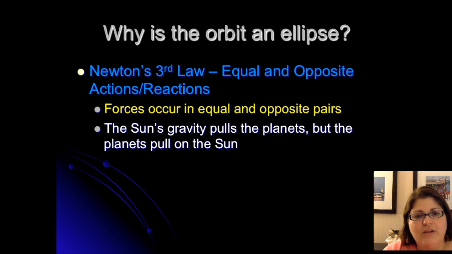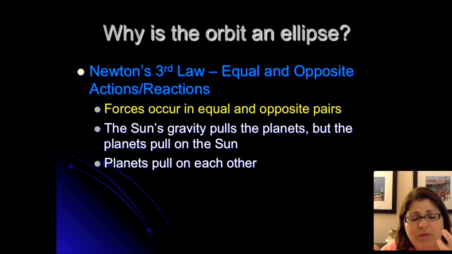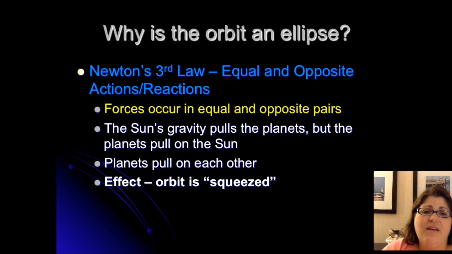Those pairs of interactions tell us that there's a lot of gravitational forces pulling and tugging at planets that are moving. And so when those pulls and tugs affect our orbit, what they end up doing is kind of squeezing the orbit. So rather than being a perfect circle, Earth's pull on the sun and the sun's pull on Earth and all the other planets squeezes that shape into an ellipse.